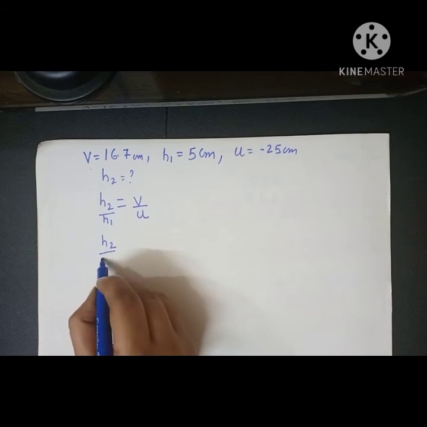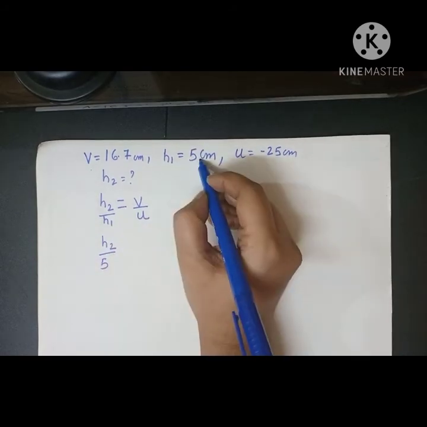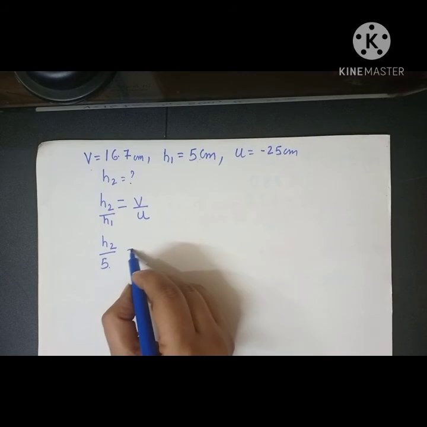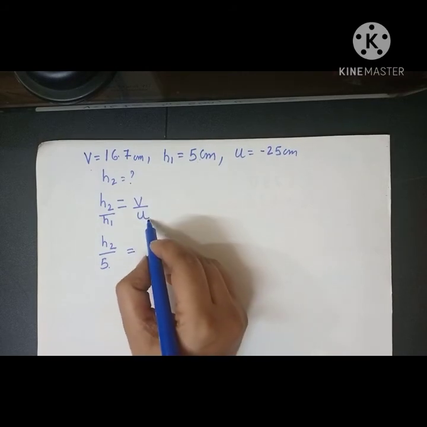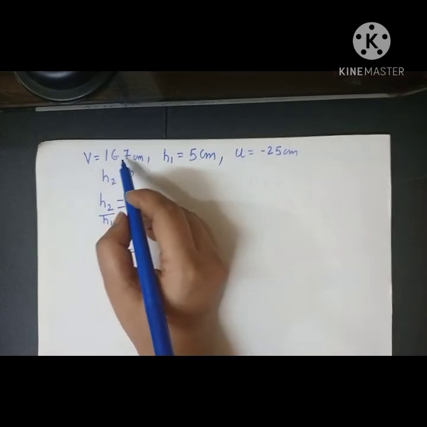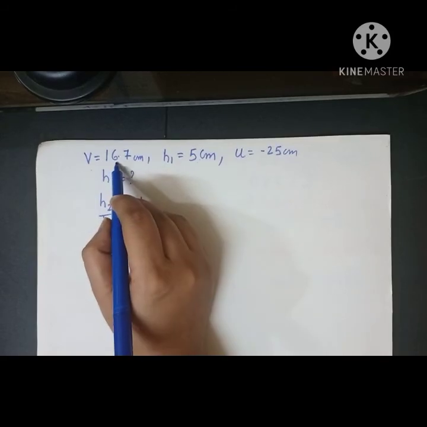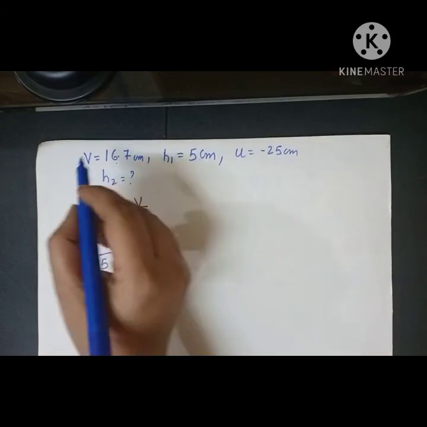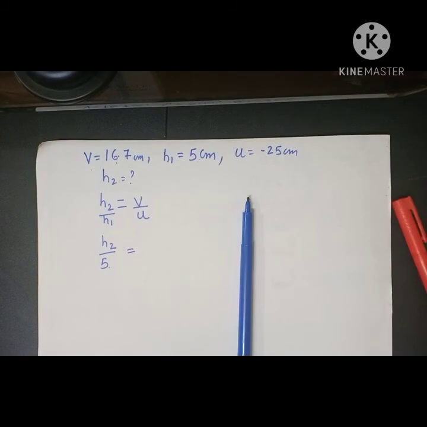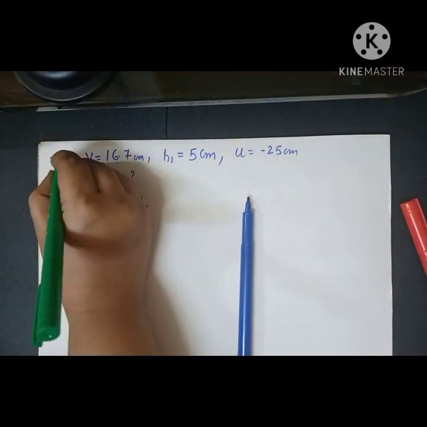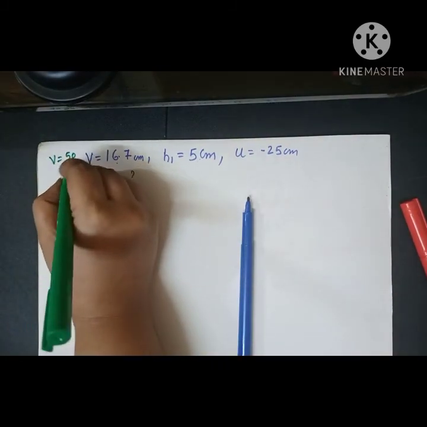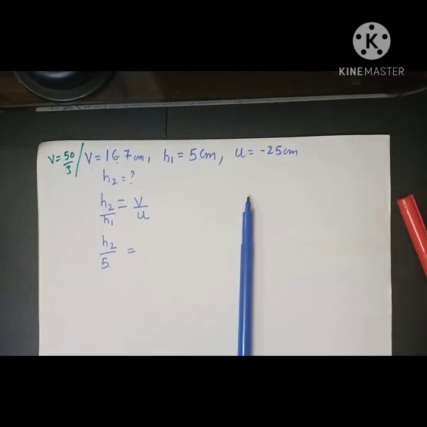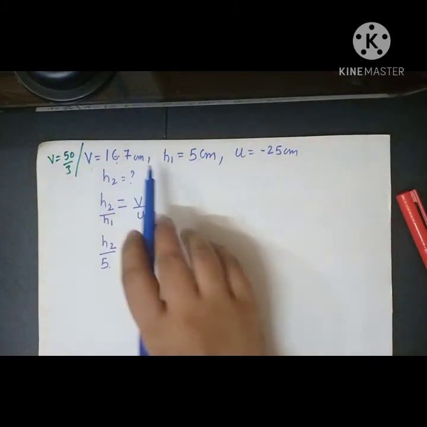We get h2 upon h1, h1 is 5 centimeter, so we'll write h2 upon 5 is equal to v upon u. So here we have already seen either v was 50 upon 3, that is v is equal to 50 upon 3, or v is equal to 16.7 centimeter.